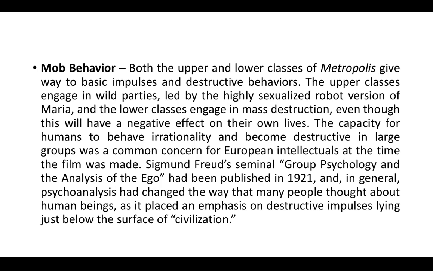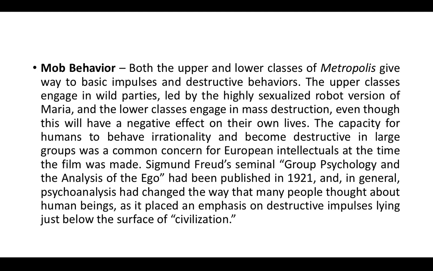Which moves us on to the idea of mob behavior and a kind of mass irrationality. So we see in Metropolis that both the upper and the lower classes give way to basic impulses and destructive behaviours. The upper classes engage in wild parties, which are led by the highly sexualised robot version of Maria, and the lower classes engage in mass destruction, even though this will have a negative effect on their lives.